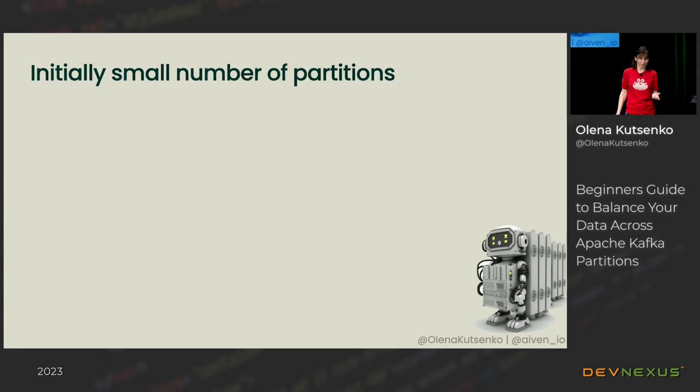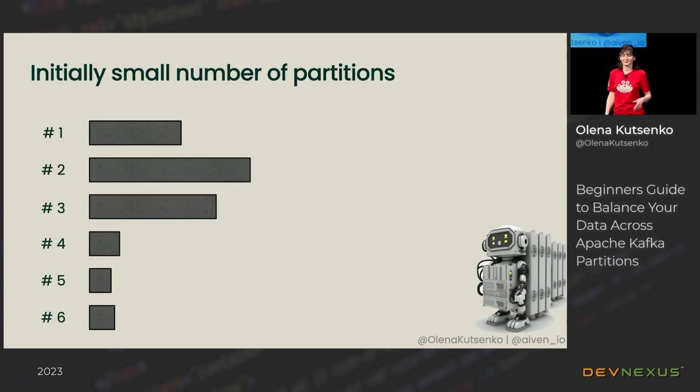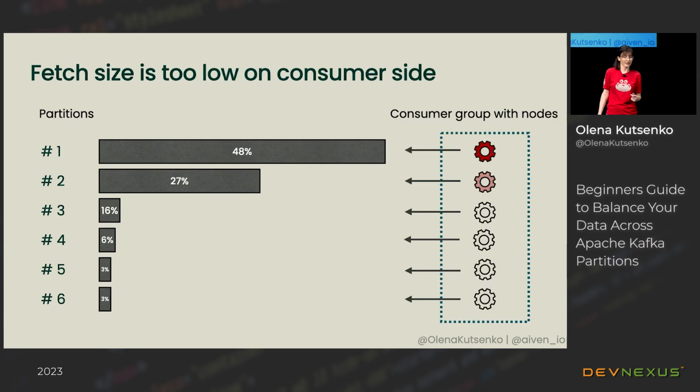Great. So another reason why you might have hot partitions is that you initially had a small number of partitions and you decided to scale and you added more, but this helps, though sometimes it doesn't really fix the issue. One more thing I wanted to mention is that when you're working with consumers, think also about the fetch size you're using to bring the data from the cluster.